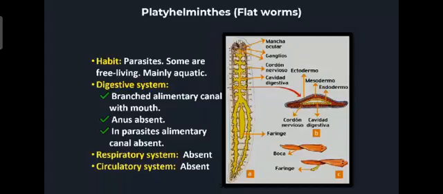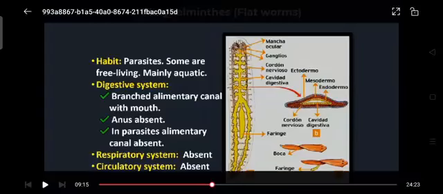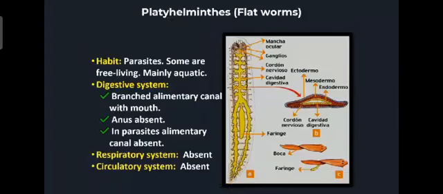Next point, the respiratory system is absent. The circulatory system is also absent. One more point, in parasitic forms you will find the presence of hooks and suckers. For what purpose? With the help of hooks and suckers, they remain attached to the host in which they are present. If they are present in human beings, the human being is called the host.